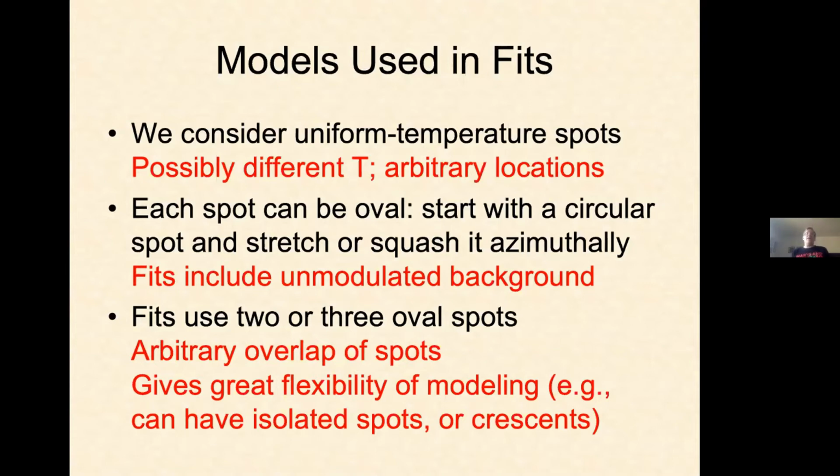We also allow the spots to be oval. We start with a circular spot and stretch or squash it azimuthally. This gives us, as it turns out, extra freedom that is useful in the fits. We include an unmodulated background as a possible component. This does not have to be a background that is actually stationary in time.